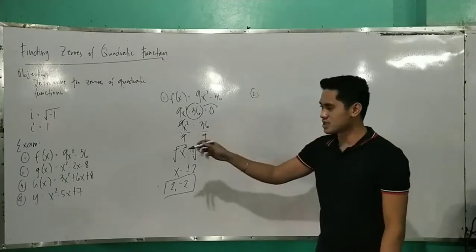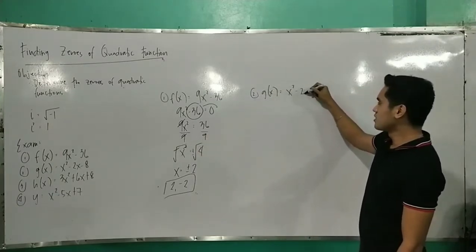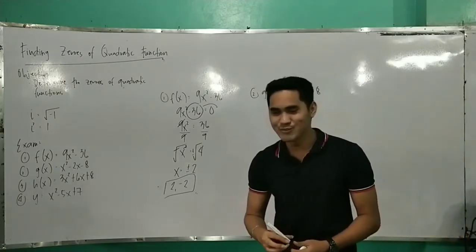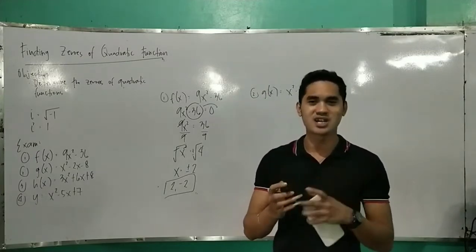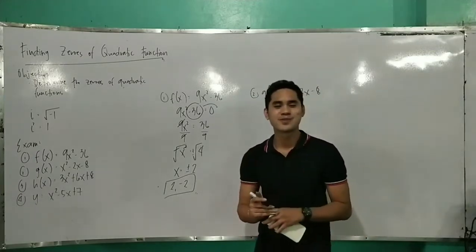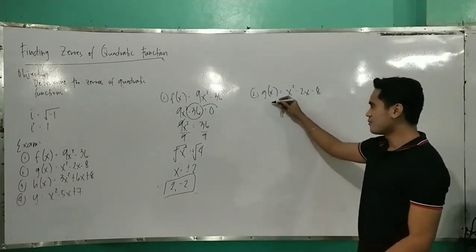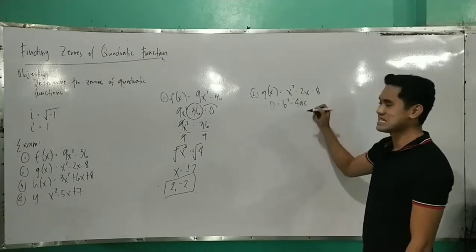In number 2, meron tayo dyan, g of x is equal to x squared minus 2x minus 8. Ayan. So, sa by factoring, meron na tayong kailangan i-consider o kailangan hanapin bago natin siya i-factor out. So, ano nga ba yun? So, bali, yung tinatawag natin discriminant o yung formula for discriminant, meron tayo b squared minus 4ac.